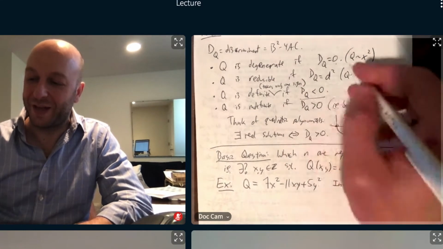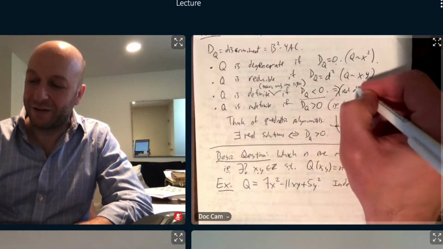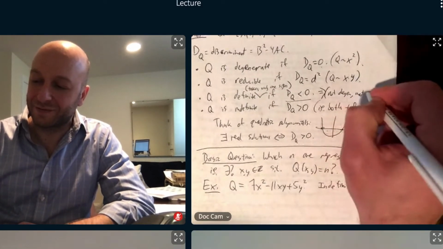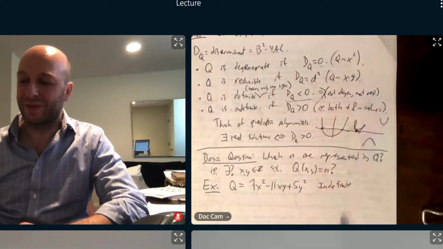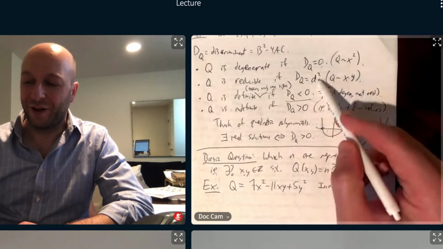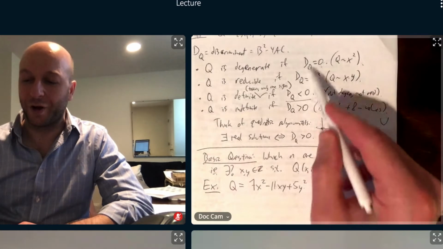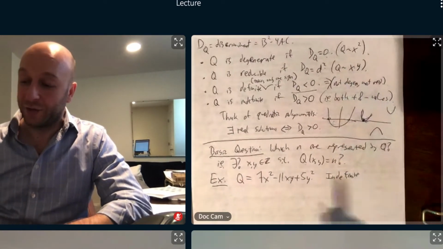So the discriminant being negative implies not degenerate and not reducible. You can't be degenerate and you can't be reducible because both of these are forcing the discriminant to be positive. So it's the indefinite ones that you have to worry about. Maybe I'm reducible.